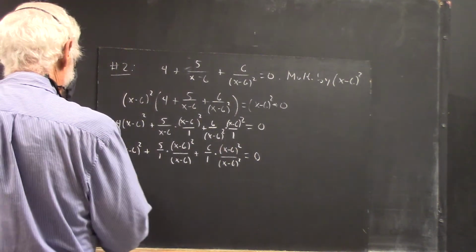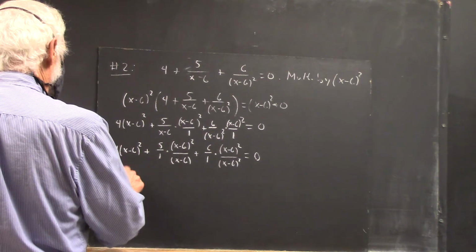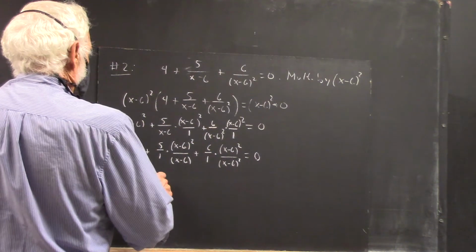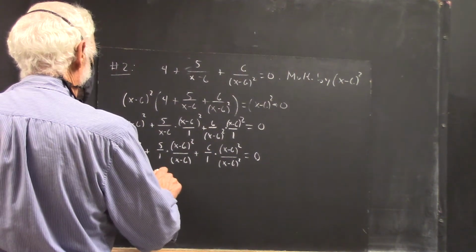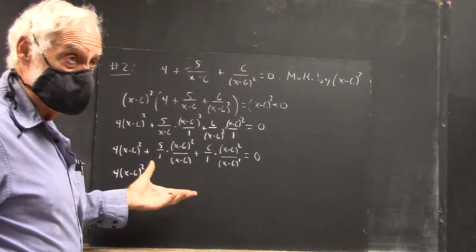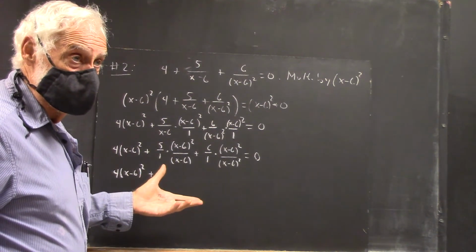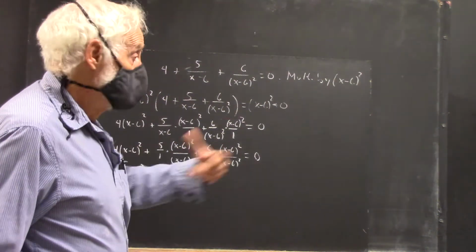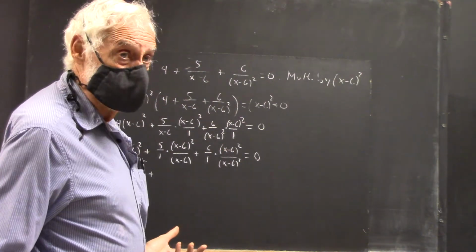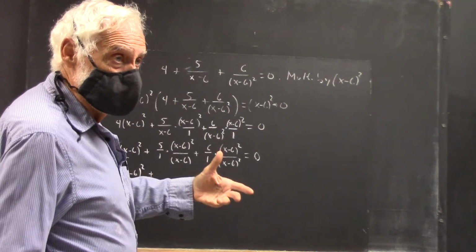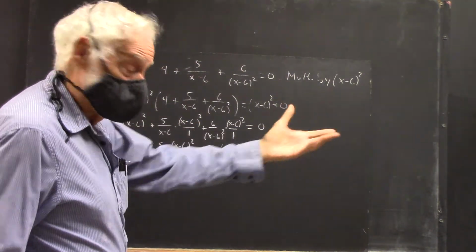Then, this is going to be 4 times x minus 6 quantity squared plus, well, x minus 6 squared over x minus 6 is just x minus 6. If you divide the square of something by itself, you just get the first power, right? Something squared divided by the same thing to the first power is that thing to the 2 minus 1 power.